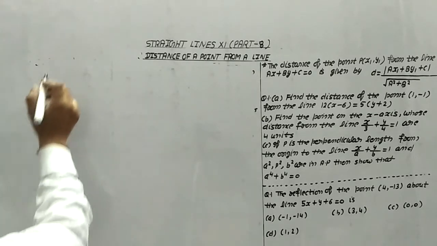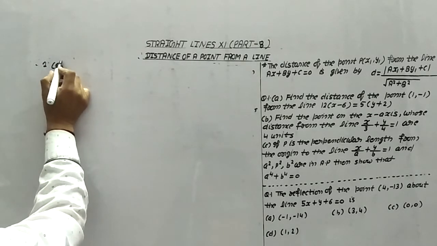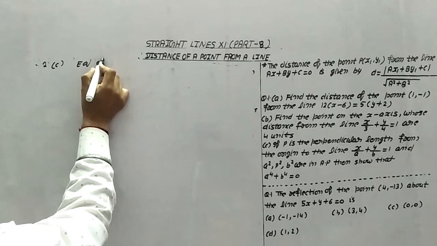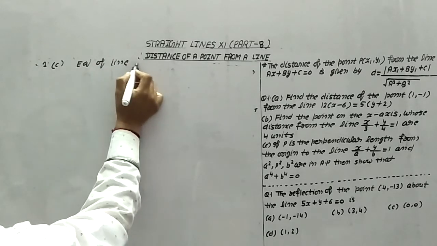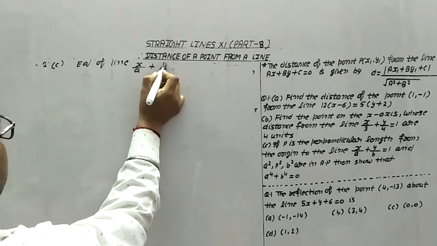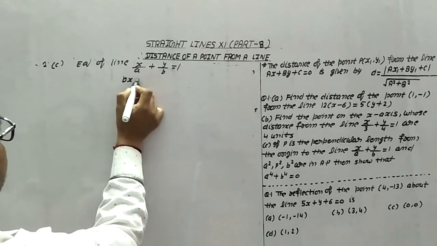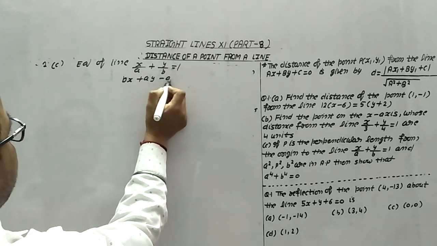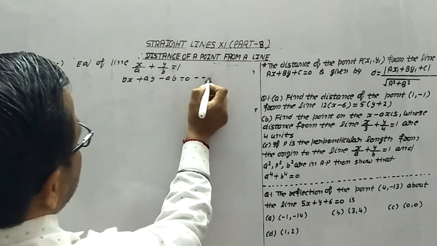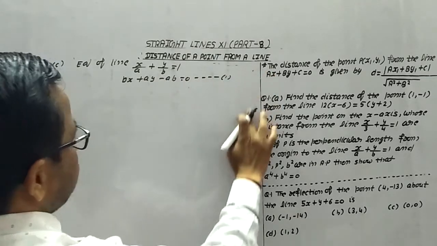First of all, in this part c, we have the equation of the line, x upon a plus y upon b equal to 1. It means this becomes bx plus ay minus ab equal to 0. This is equation number 1.